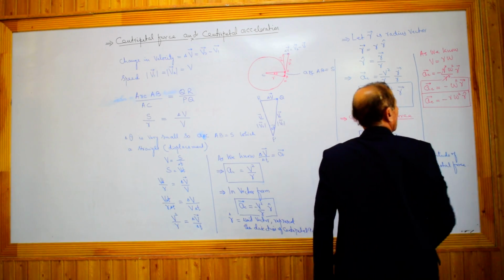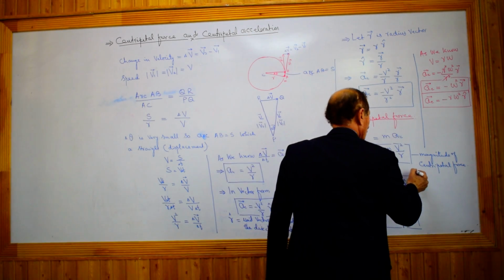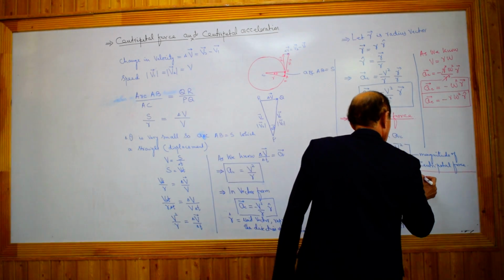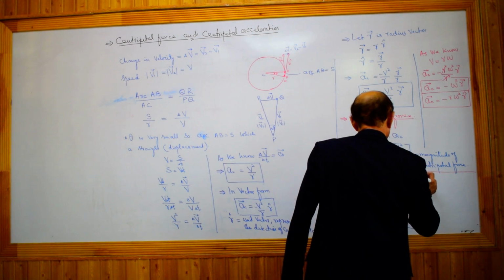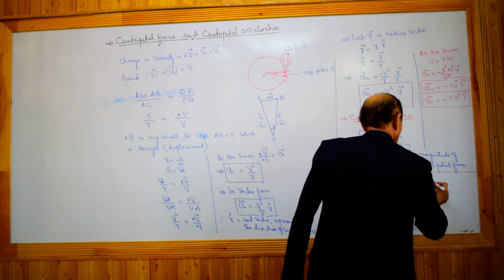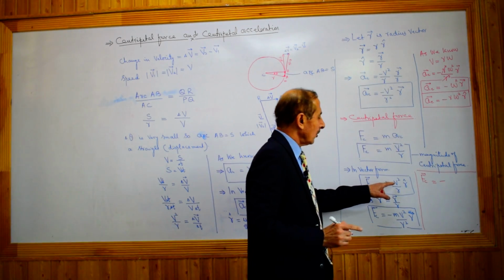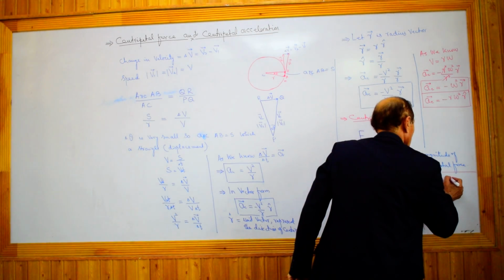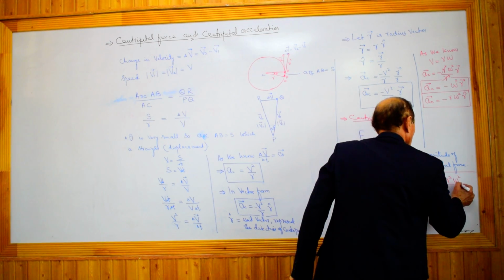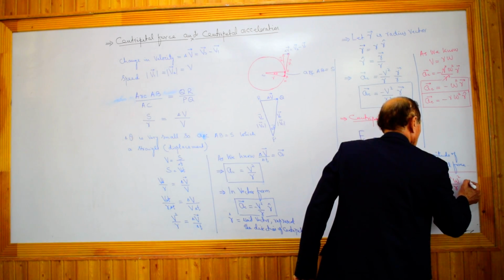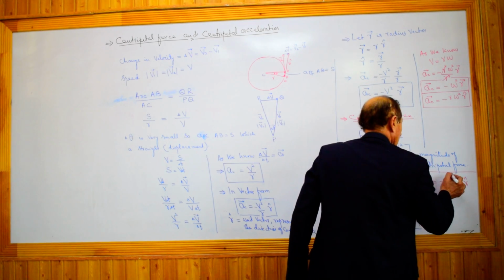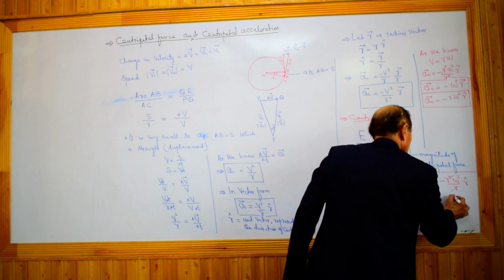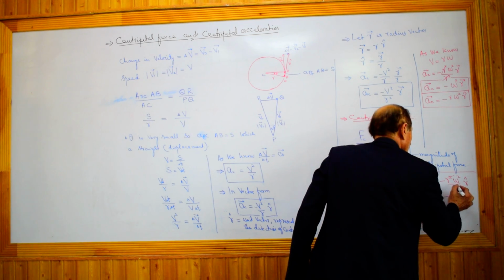Similarly, we can write the centripetal force as: centripetal force is equal to minus m, putting the value of v square, v is equal to r omega, this is r square omega square divided by r, r unit vector. One r cancels, so centripetal force is equal to minus m omega square r unit vector.